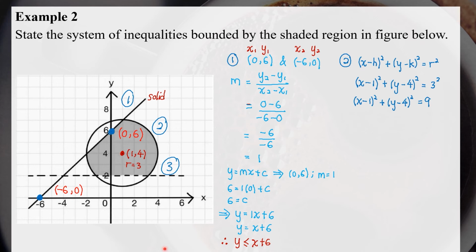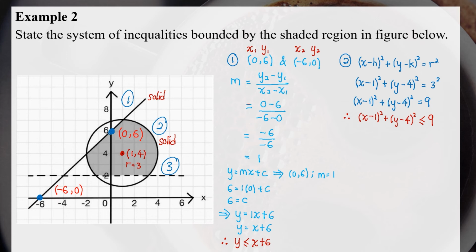Again, since the shaded region is inside the circle and the line is a solid line, therefore x minus 1 squared plus y minus 4 squared is less than or equal to 9. Here is the second inequality.